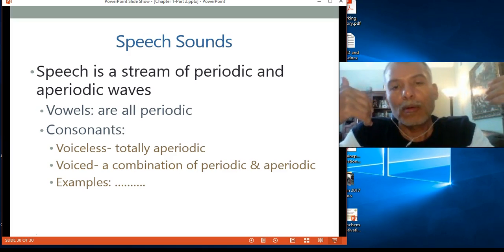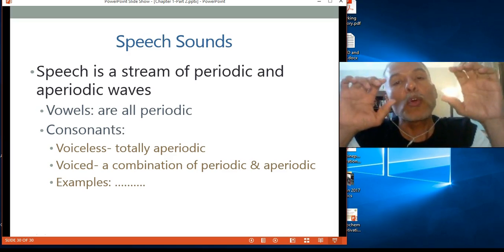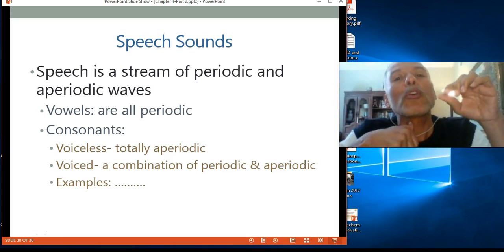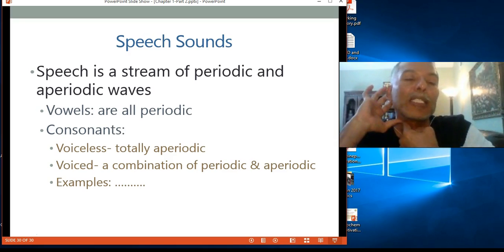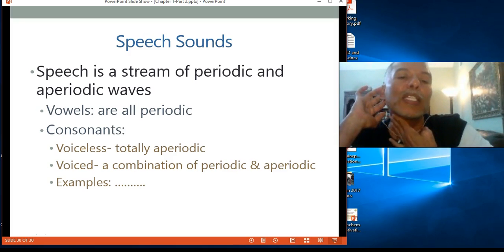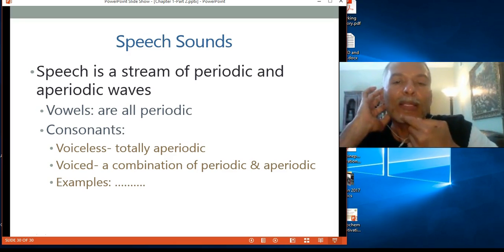Let's take some voiced consonants. Voicing means vocal fold vibration. So a voiced consonant is made as a combination of vocal fold vibration and pure tone and aperiodic tones made in the oral cavity at the same time. Let's take the sound v.